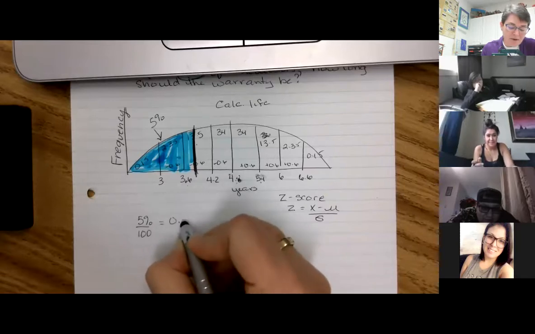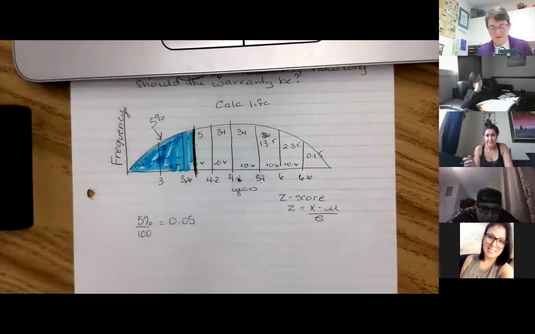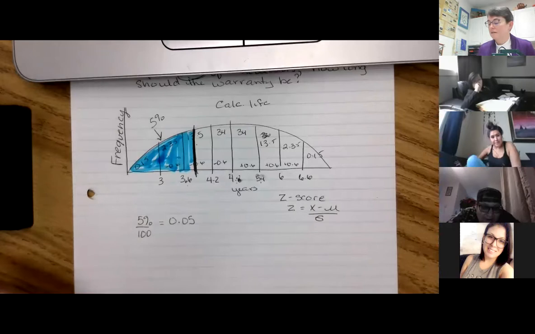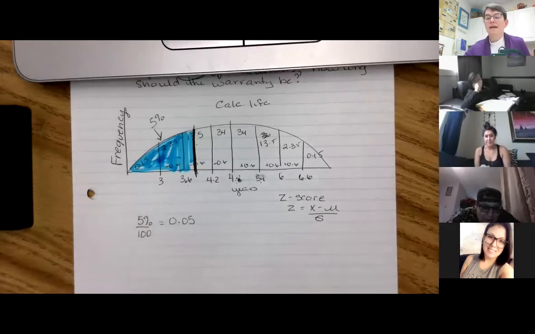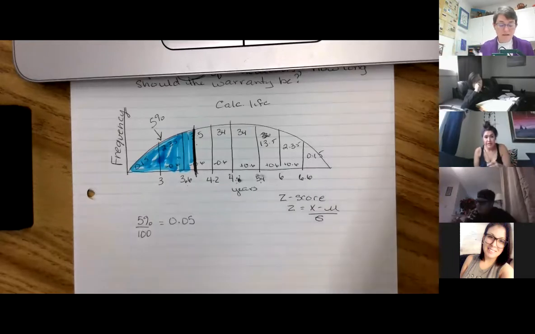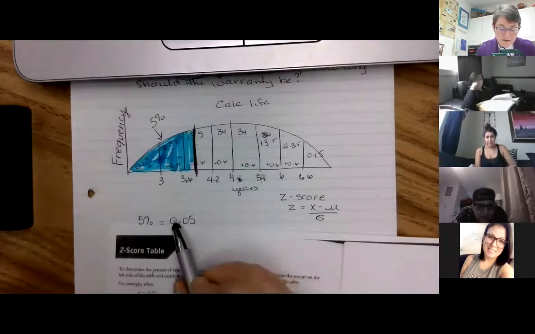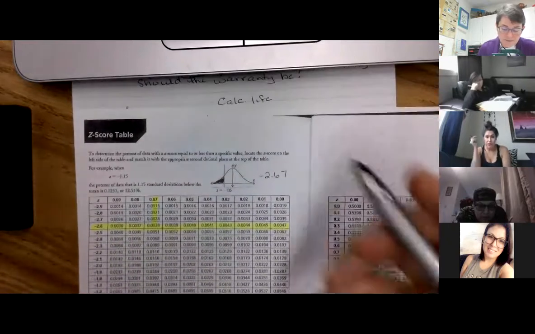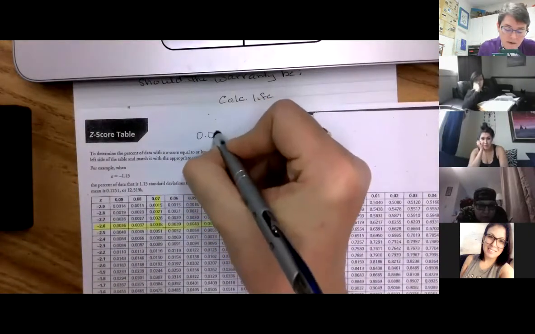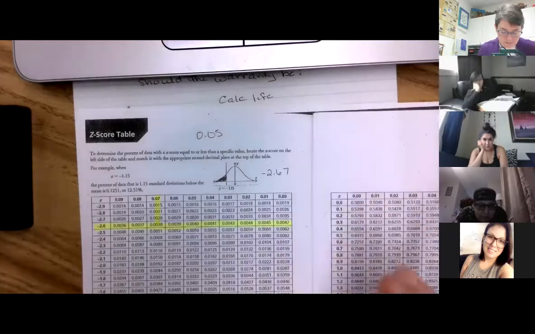It's going to be 0.05. And then, what do we need next? Anybody? Z-score. But when the question gives you a percent and you have to work back to get your number, you're going to look for 0.05 in the boxes.